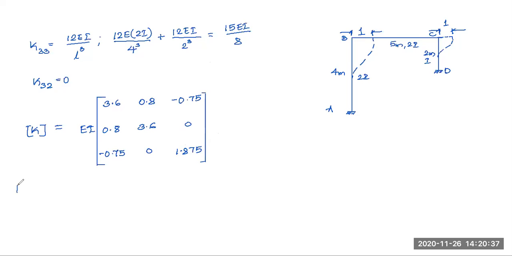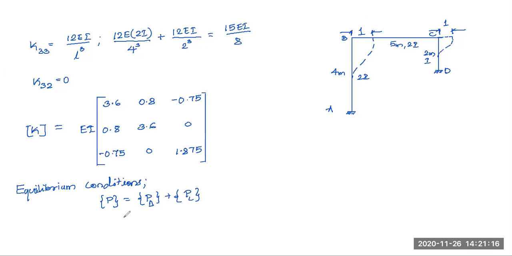Okay, so now we will go for applying the condition of equilibrium. So what was our condition of equilibrium? Net force in the coordinate is P, which is given by the force due to the displacements in the coordinate plus the force due to the applied loads on the member.